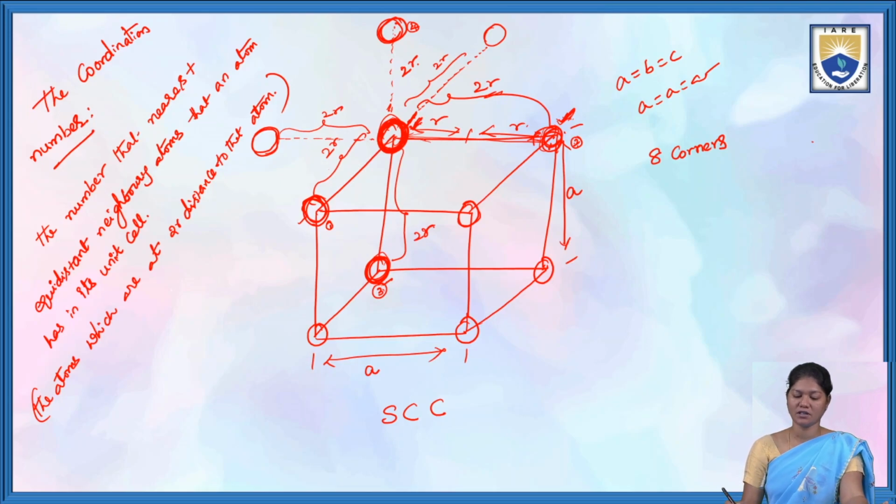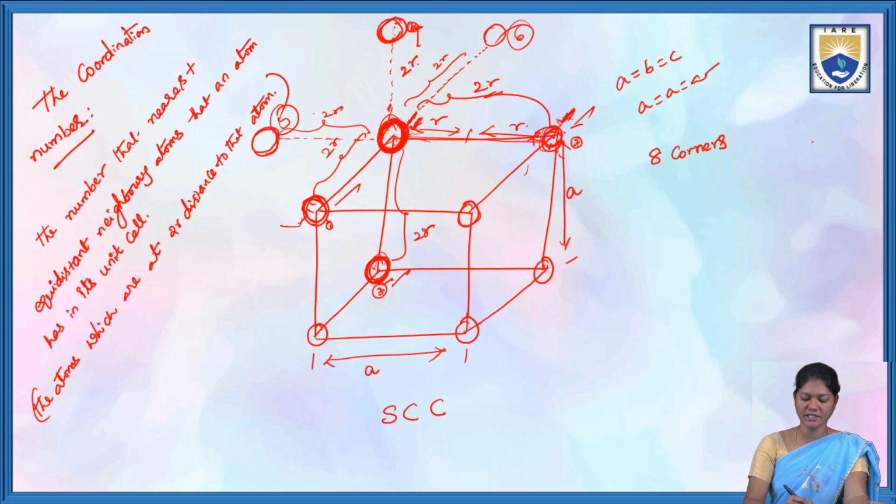So now we can count how many atoms are in the nearest equidistant place. 1, 2, 3, and opposite to these three atoms we have 4, 5, and 6.